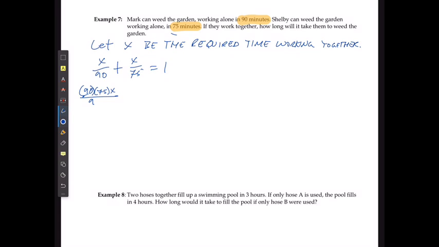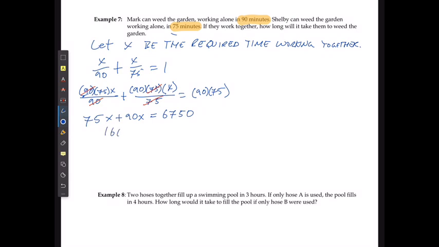over 90 plus 90 times 75 times X over 75, it's going to equal 1 times 90 times 75. So 75x plus 90x is going to equal 6,750.